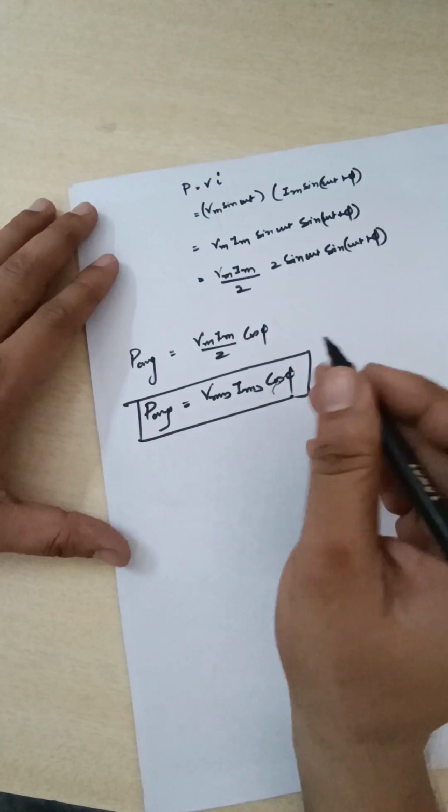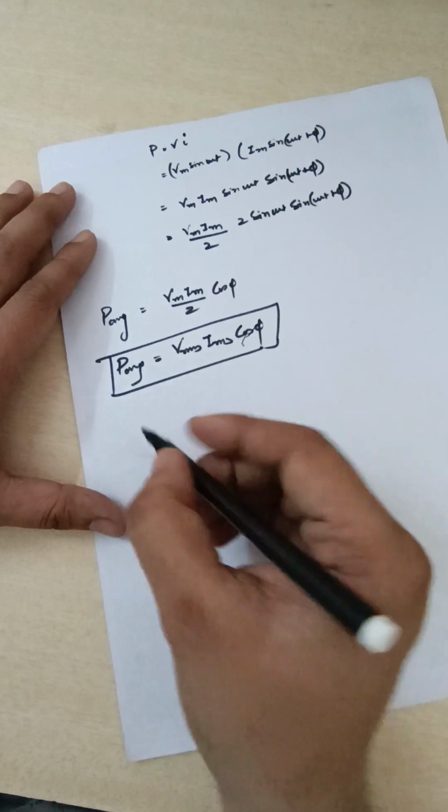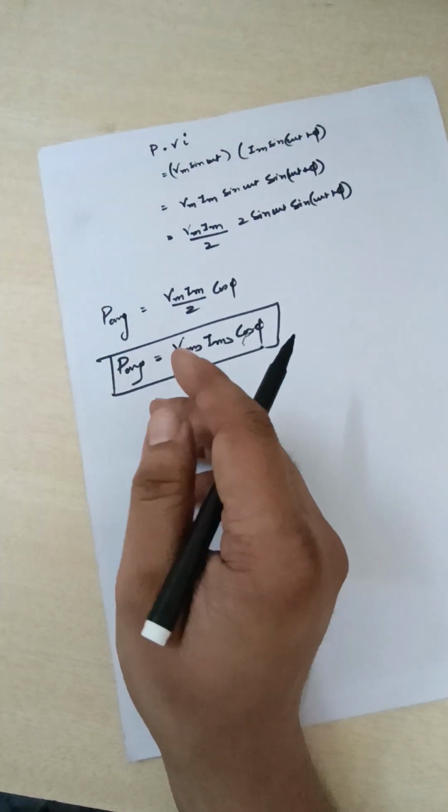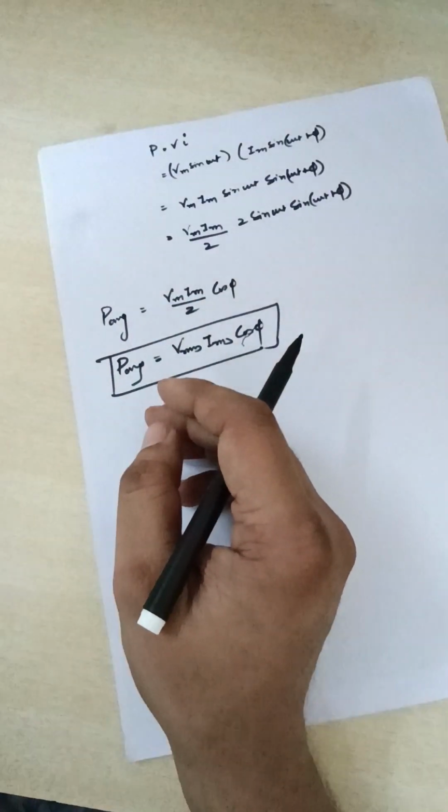Or alternately you can calculate it by the other method also. What can be the other method?